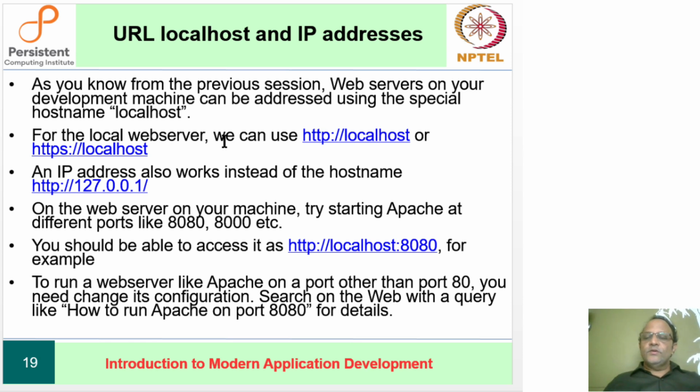And on the web server on your machine, you can try starting Apache at different ports. To do this, you have to be able to change the configuration for Apache or any other web server that you use. For whatever web server you use, search on the web with a query like how to run Apache on port 8080, and usually the first answer will tell you exactly what to change in the configuration.